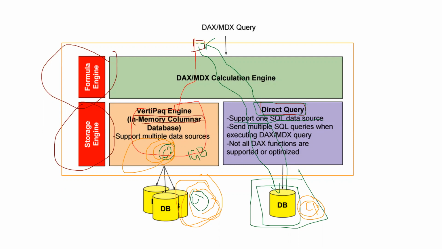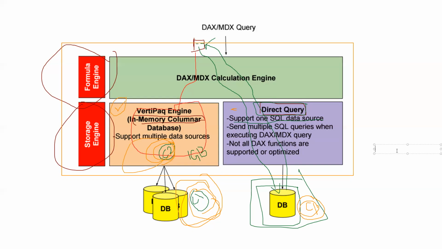So these two different approaches have advantages and disadvantages, but mostly import mode is used more compared to the direct query mode. But the other approach that I have said is called the composite model.